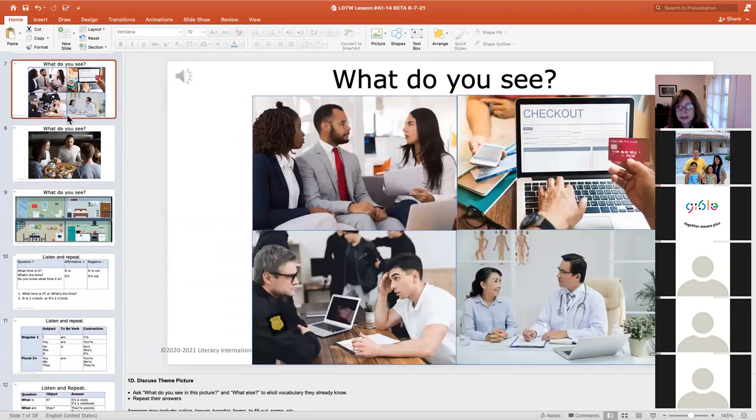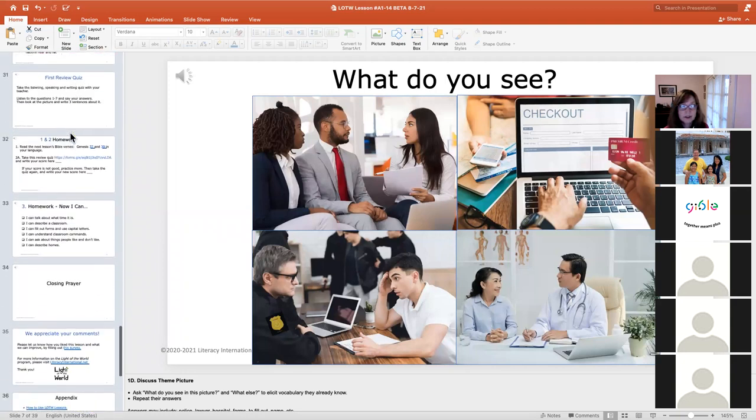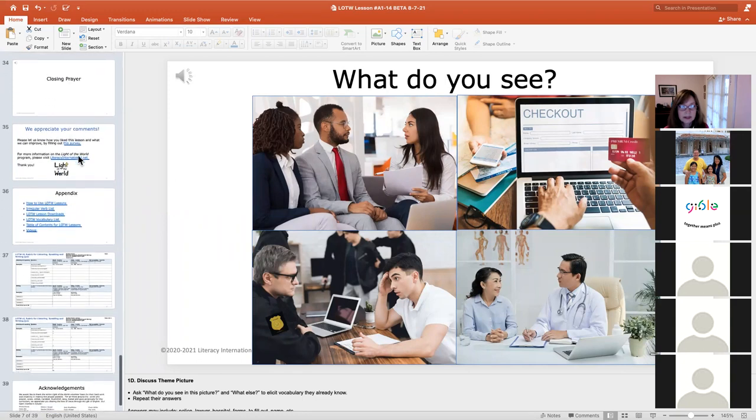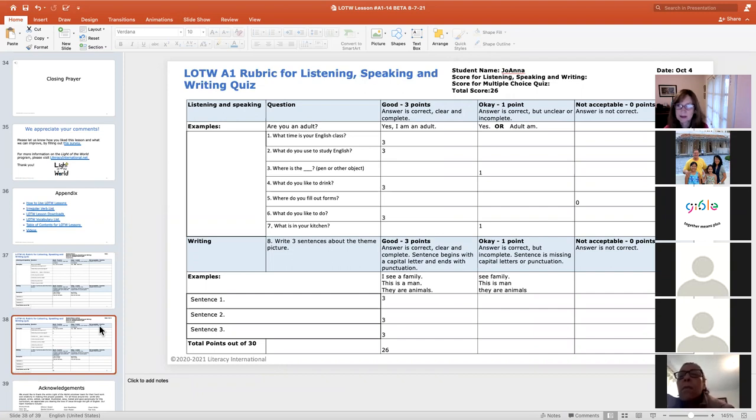Part of the class could be doing their writing exercise while I'm individually administering the listening and speaking part. But no, I wouldn't be showing the scores to everybody in the class. I would be keeping that private, so I would not be sharing the rubric with everybody while I'm writing down the scores.